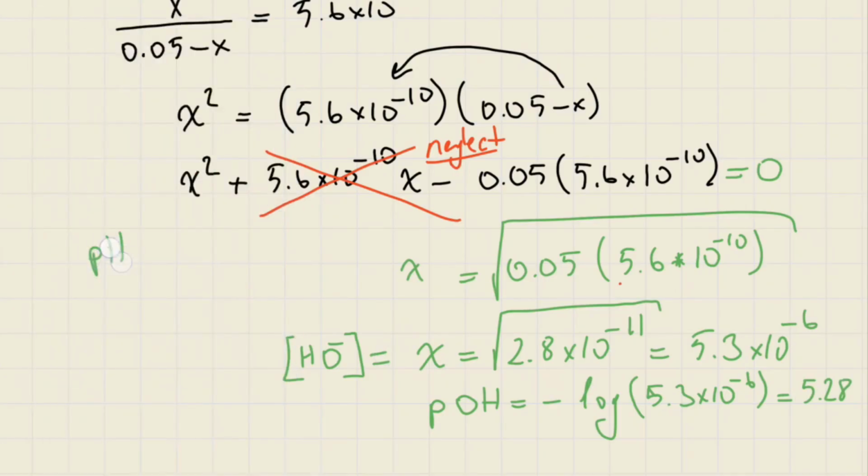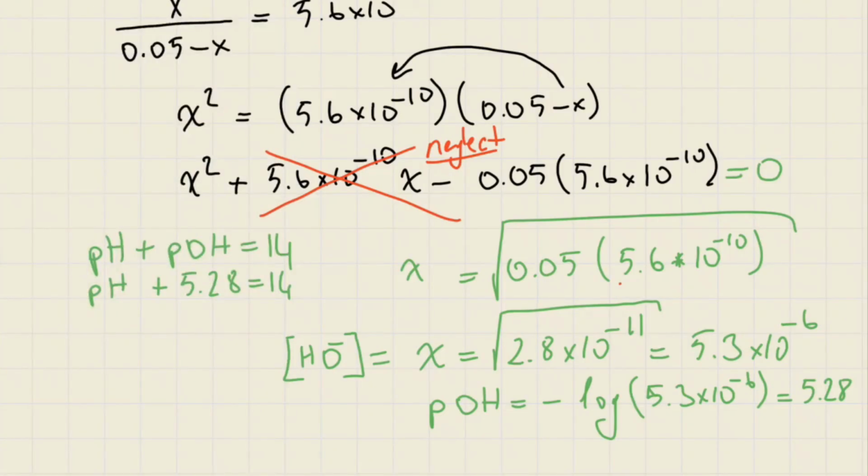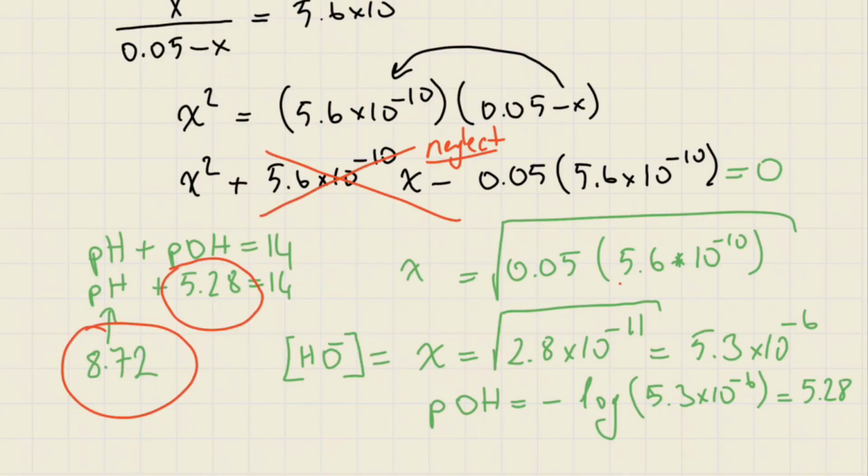So pH plus pOH equals 14, and we know the pOH, and the pH is just 8.72. So this is 8.72. If you add 8.72 plus 5.28, it will become 14.